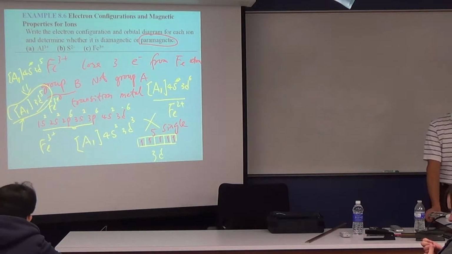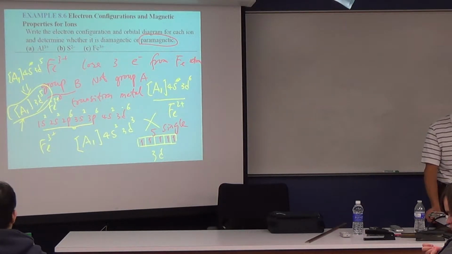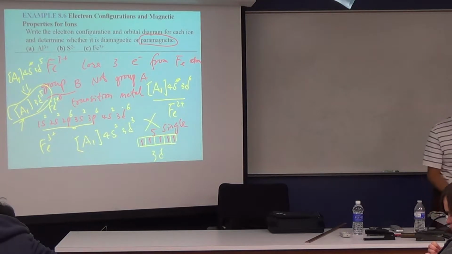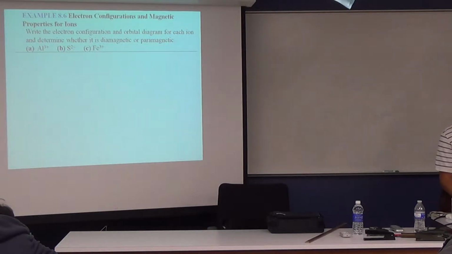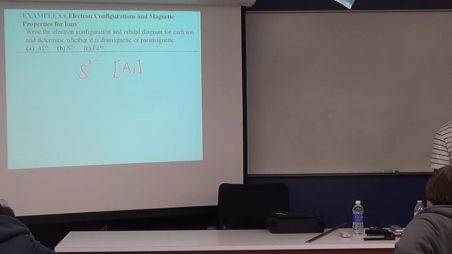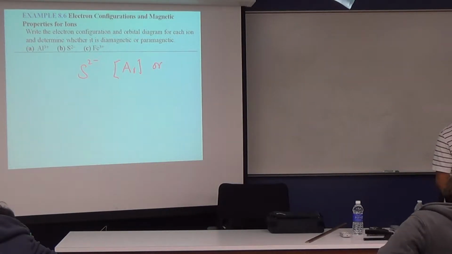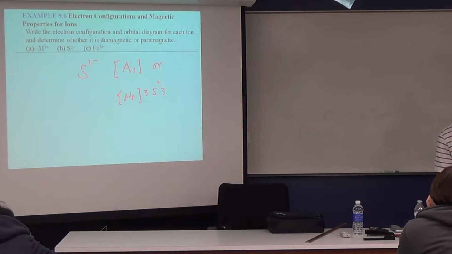Right. So what about the first two? What about sulfur? Do you remember what is the electron configuration for sulfur 2 negative? Let me erase this here because that's irrelevant. As S 2 negative, what is the electron configuration for that? It simply becomes argon, right? Or it becomes neon with 3s2 and 3p6.